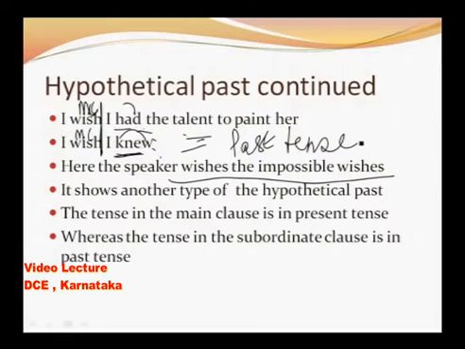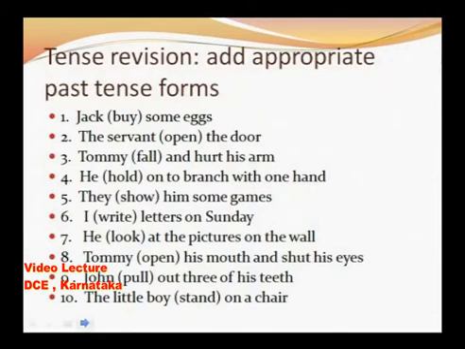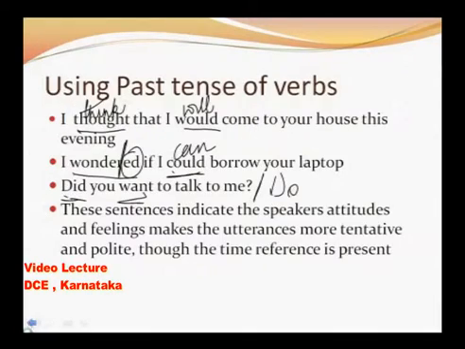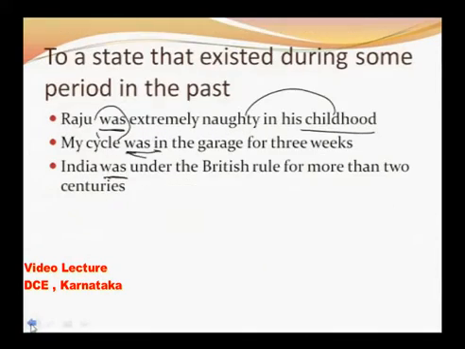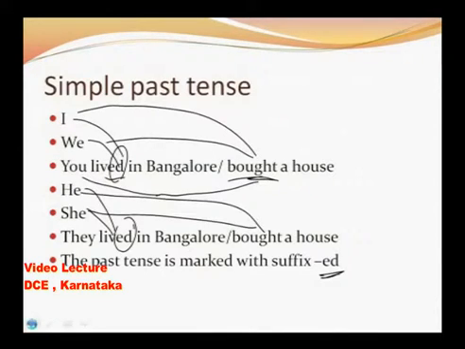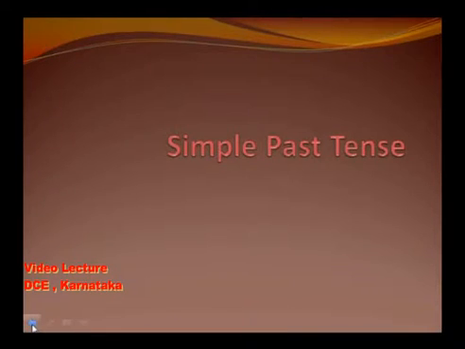Of course, simple past tense is not merely used to indicate past time. It can also be used to indicate other time references as well. Now we shall understand what we have done today.